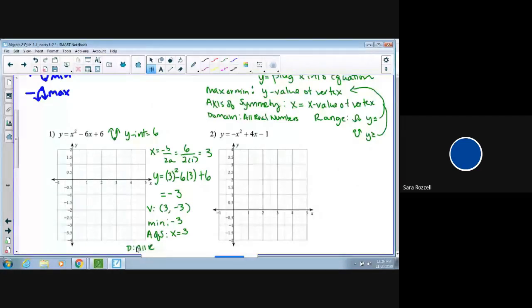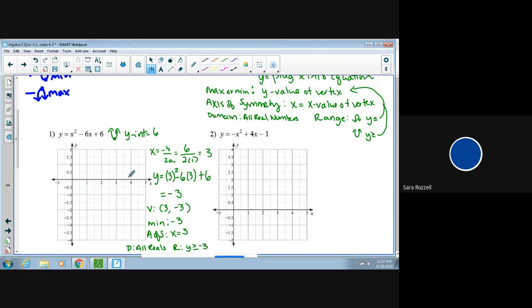And range, this is where we use the y value of our vertex. Is it going to be greater than or less than? Remember our parabola is going up, so it's going to be greater than, right? So y is greater than or equal to negative 3.